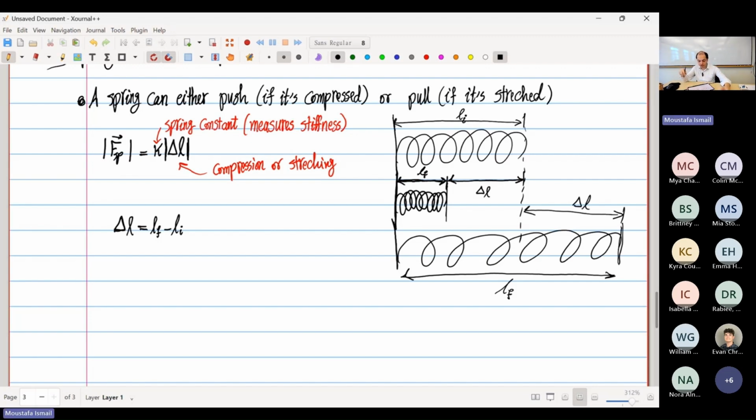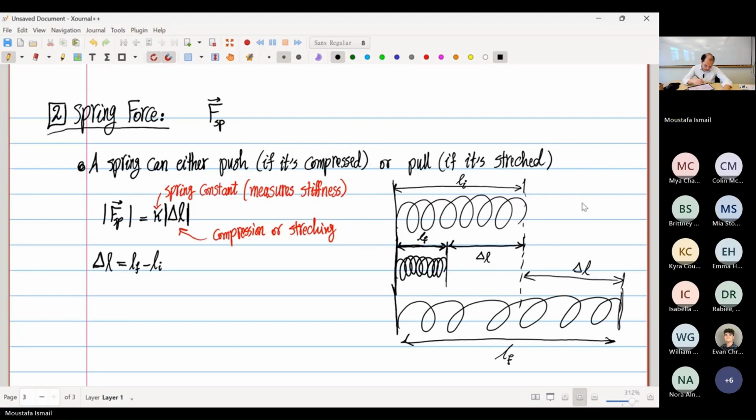So it can represent a compression or a stretch. And depending on how much you stretch the spring or compress it, there is a restoring force that the spring exerts, trying to restore itself to the natural configuration. So spring force is a restoring force.